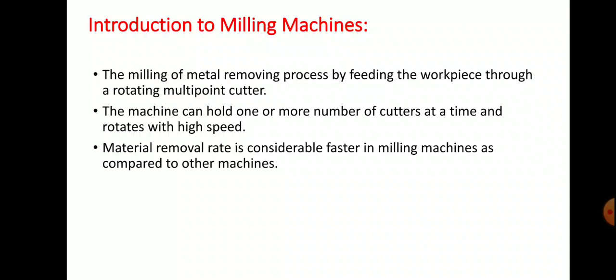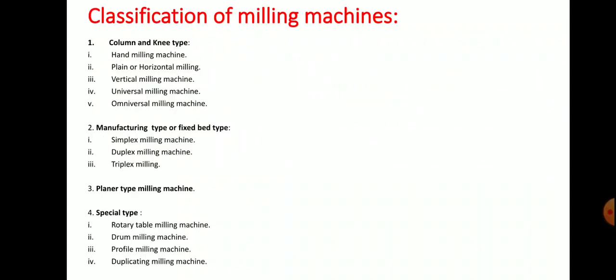Now let us see the classification of milling machine. There are basically four classifications. First one is column and knee type. In column and knee type, we have hand milling machine, plain or horizontal milling machine, vertical milling machine, universal milling machine, omniversal milling machine.